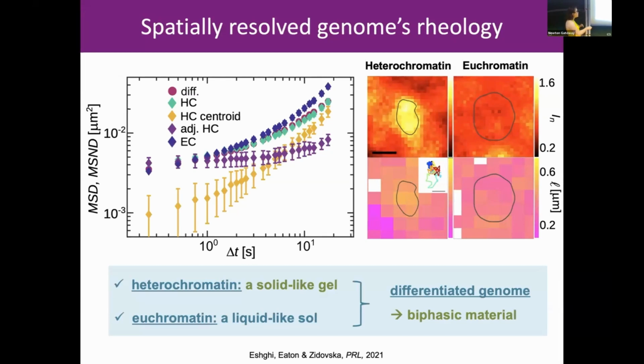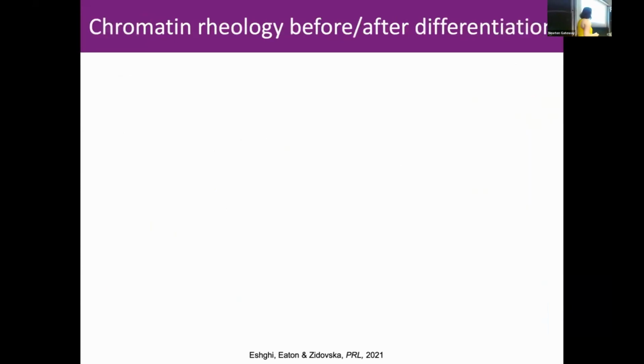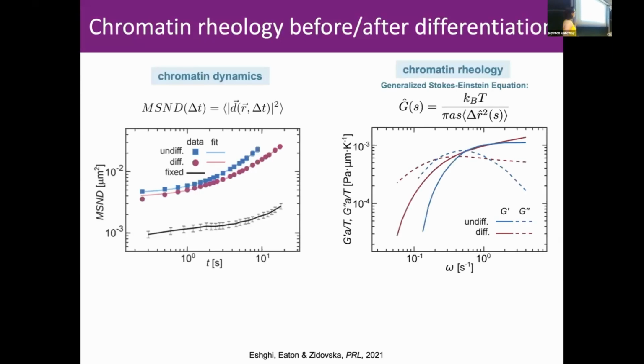Once we have performed this spatially resolved analysis, we wanted to do even better, and we're asking the following question. Well, if I can see these two phases so well, can I get their signatures also out of bulk analysis? Are they so strong that if I perform a bulk rheology measurement, I will see the signatures of those two phases?